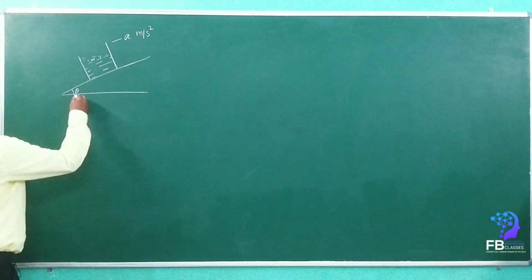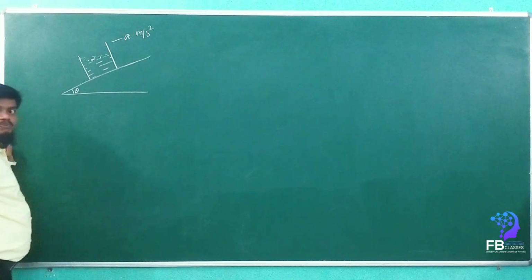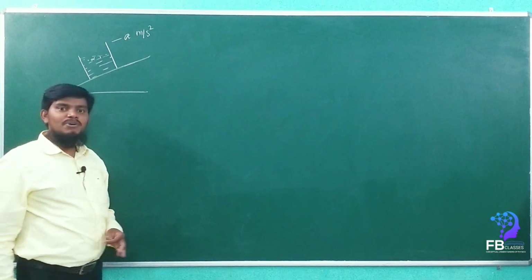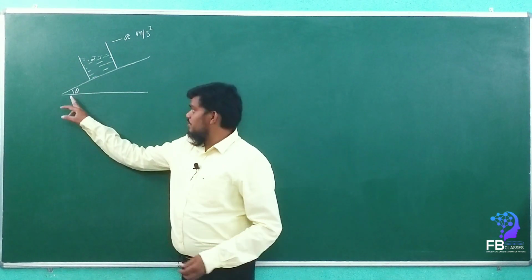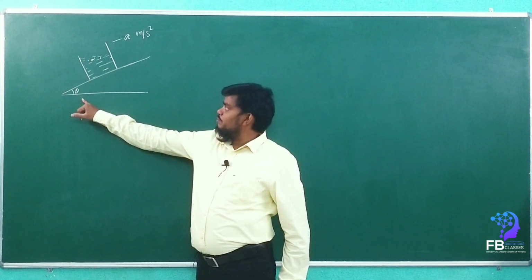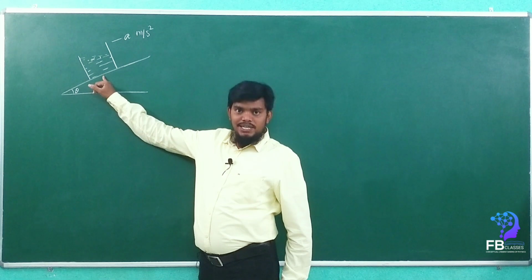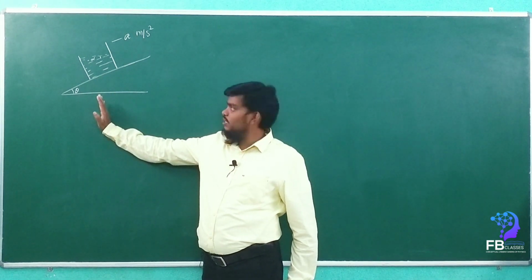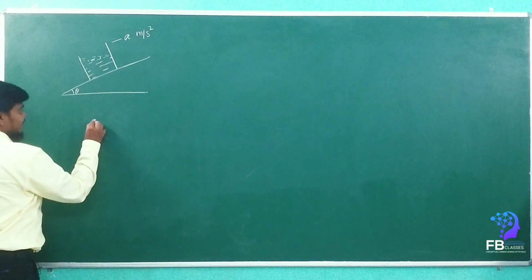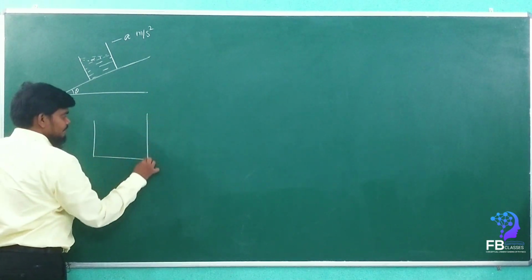So first, what we have to do: the theta value we can take in the form of the inclined plane, right? We take this theta value as a component very easily, then we can solve the problem. See here, instead of inclined we can make the container straight like this.